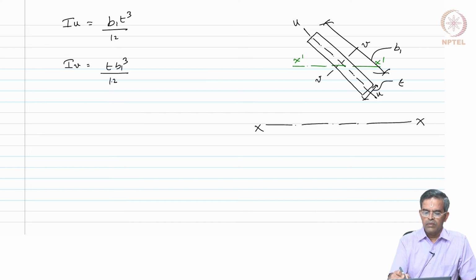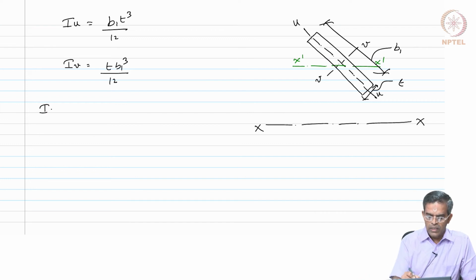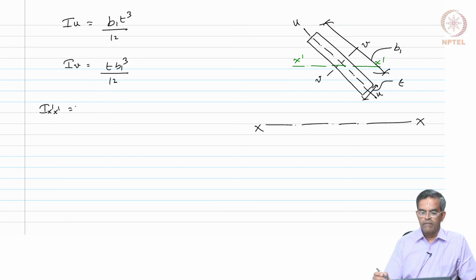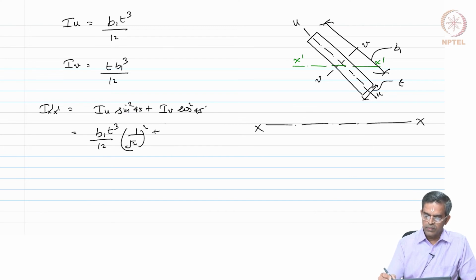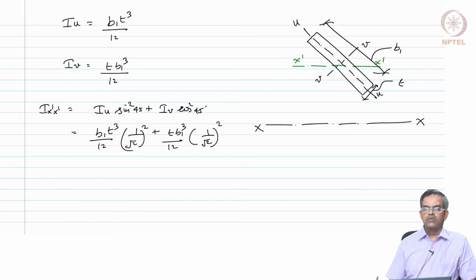Okay. So, now we can say IU will be B1 T cube by 12 and IV will be TB1 cube by 12. So, IX dash X dash will be IU sin square 45 plus IV cos square 45, which will be B1 T cube by 12 into 1 by root 2 the whole square plus TB1 cube by 12 into 1 by root 2 the whole square.